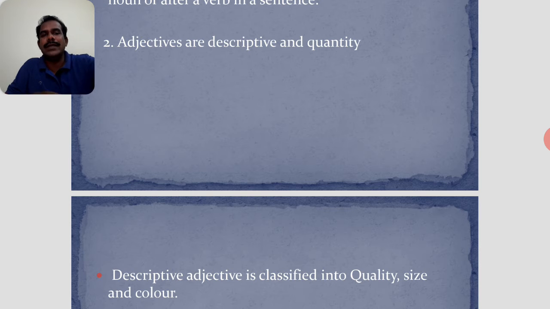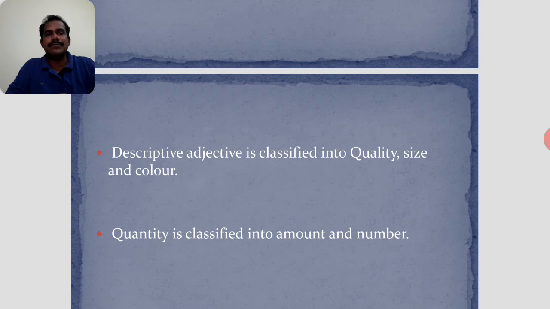Again, we divide the adjectives. Descriptive adjectives are classified into quality, size, and color.